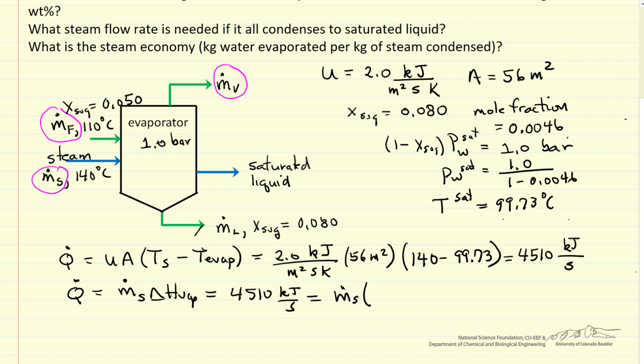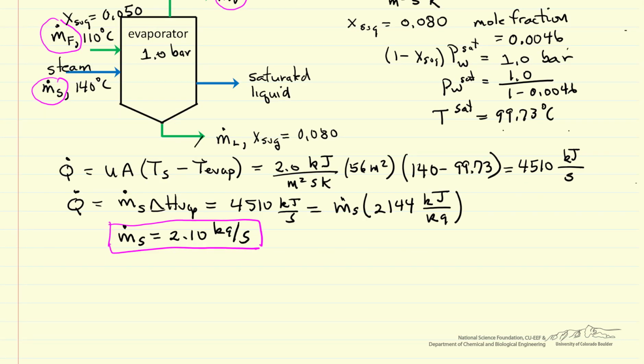Then again, steam tables at 140 degrees, I can find the enthalpy of vaporization per kilogram, and this means I can solve for the mass flow rate of steam. That's 2.10 kilograms per second. So that's one of the values we were trying to solve for in this problem.